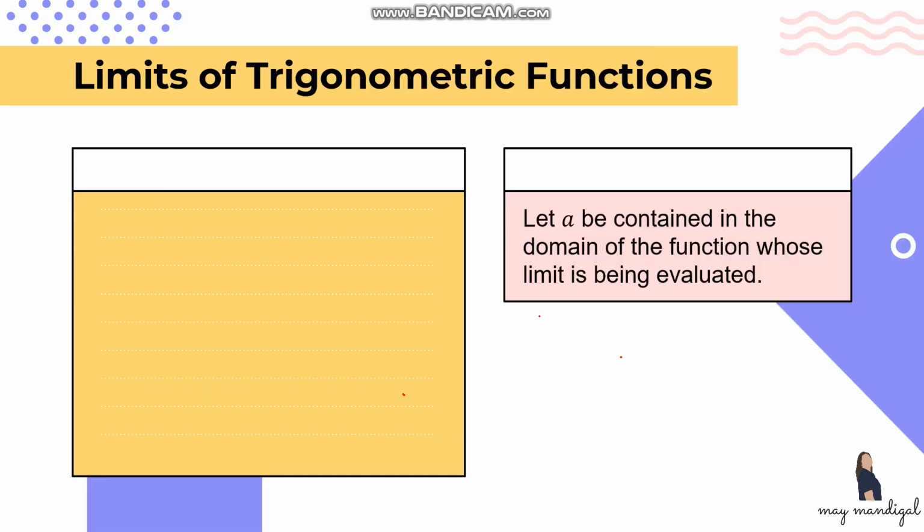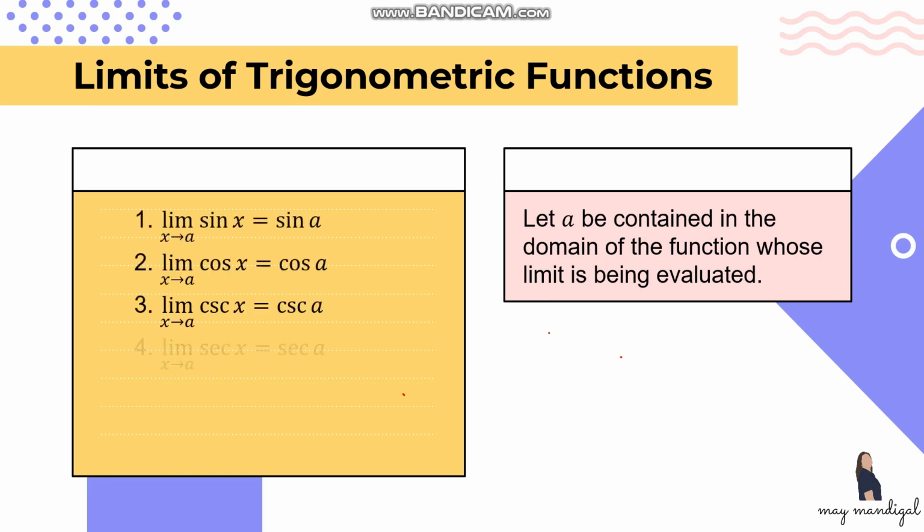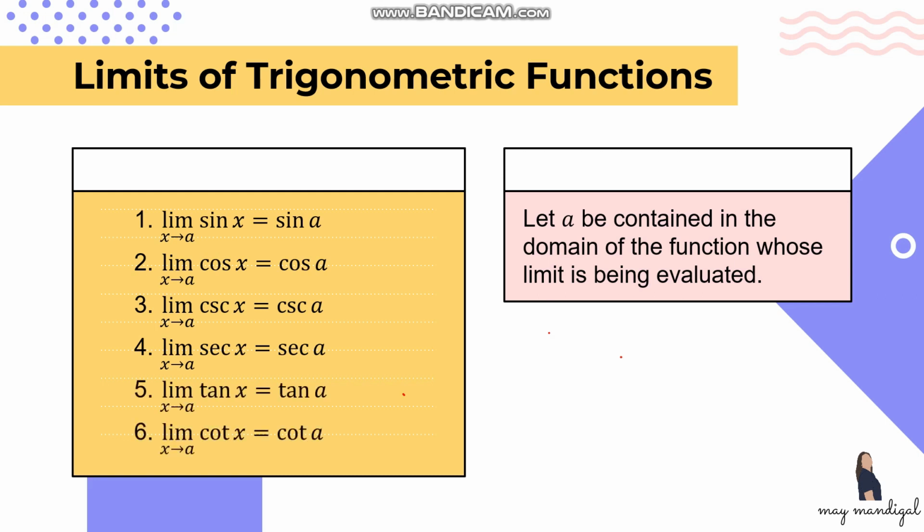Now for the limits of trigonometric functions, let a be contained in the domain of the function whose limit is being evaluated. So we have to make sure that a is part of the domain of the given function. So for this one, all we have to do is just substitute the value of a given to us into the given function.